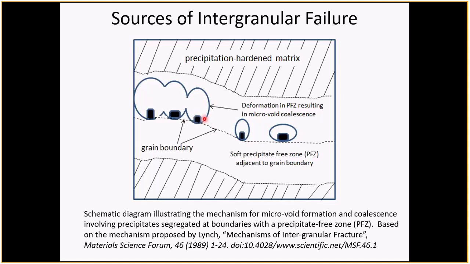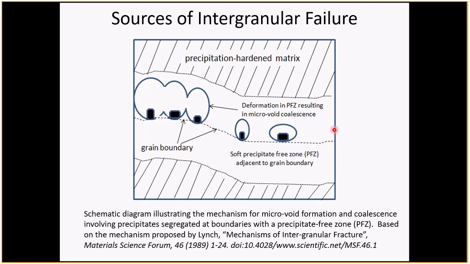This is ductile separation at precipitates, inhomogeneities, and then you'll get microvoid coalescence. So this is the standard ductile failure mechanism that one would see in a standard tensile specimen, for instance. But because these carbides are all lined up along the grain boundary, eventually you might get intergranular failure.